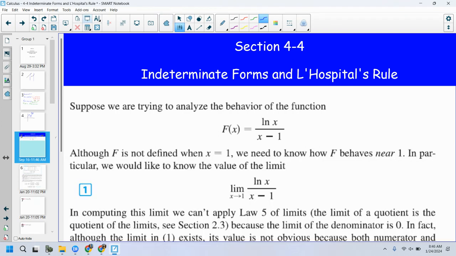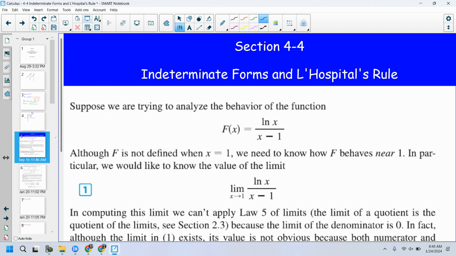Now, although f is not defined when x equals 1, we need to know how f behaves near 1. We need to know what's going on around 1. In particular, we would really like to know the value of that limit: the limit as x goes to 1 of this thing.